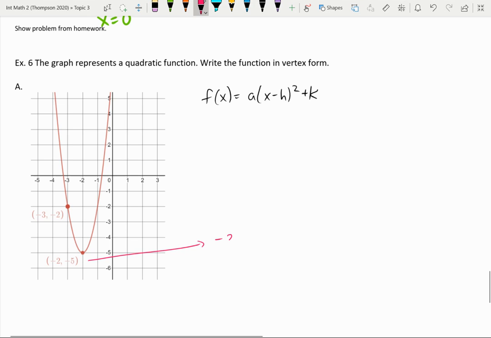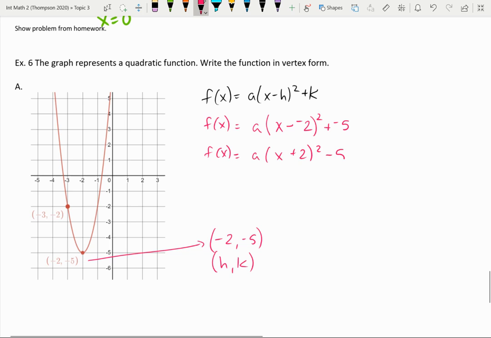So my vertex is -2, -5. And I know that that is H, K. So I'm going to plug that in. I'm going to leave a spot for the A right now. Then I have X minus H. So minus -2. I'm going to come back for the A. And then plus K. So plus -5. When I clean that up a little bit, minus -2 turns into +2. And then I have a -5.